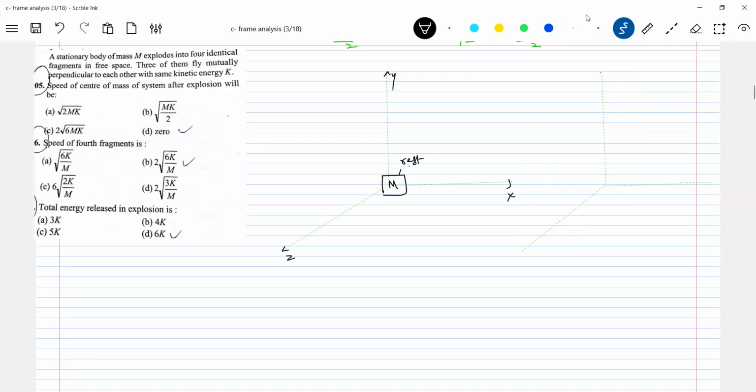This is y-axis, x-axis. So it will explode into 4 identical fragments.